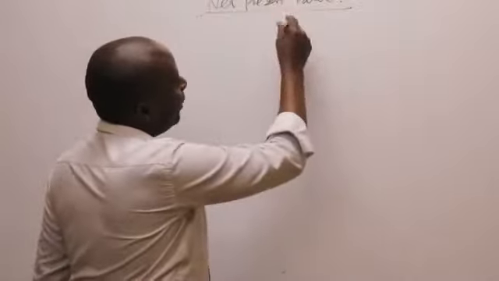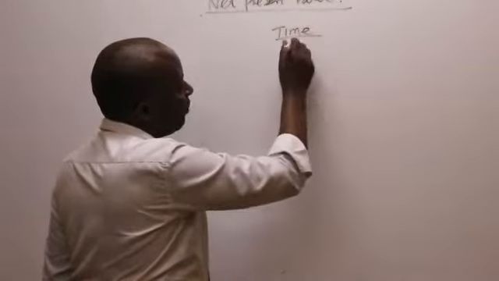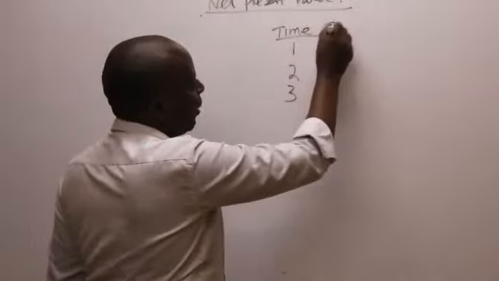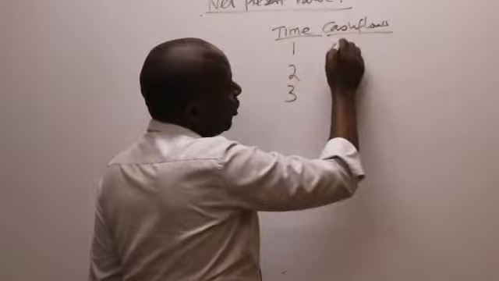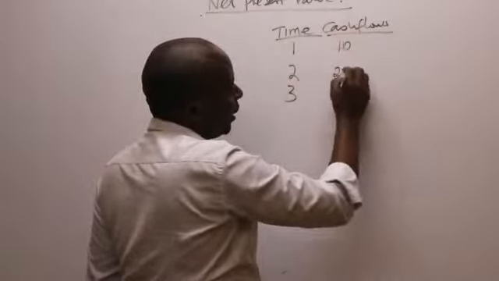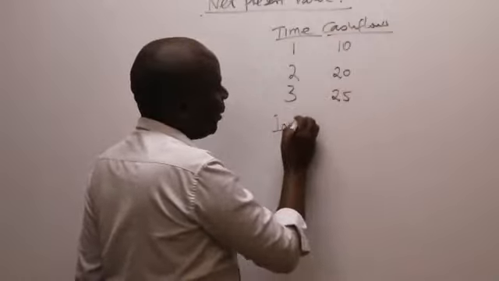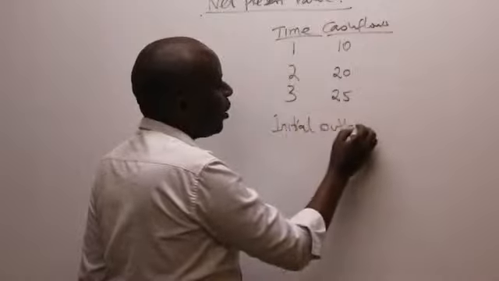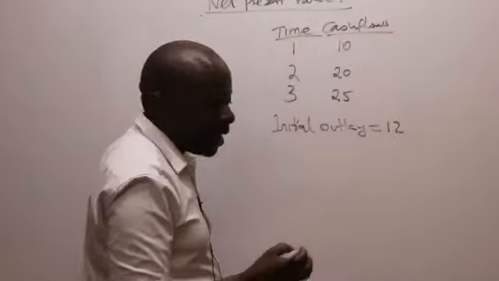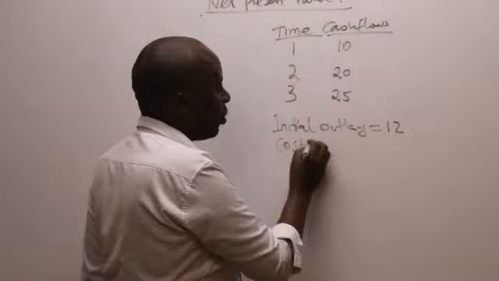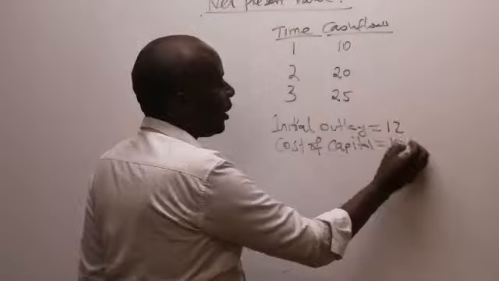Assuming somebody makes this promise to you. He tells you that if you invest in some projects, we have here our cash flows. In year 1, you're going to get 10, year 2, you'll be getting 20, year 3, you'll be getting 25, and the initial outlay is 12 shillings, and the cost of capital is 10%.